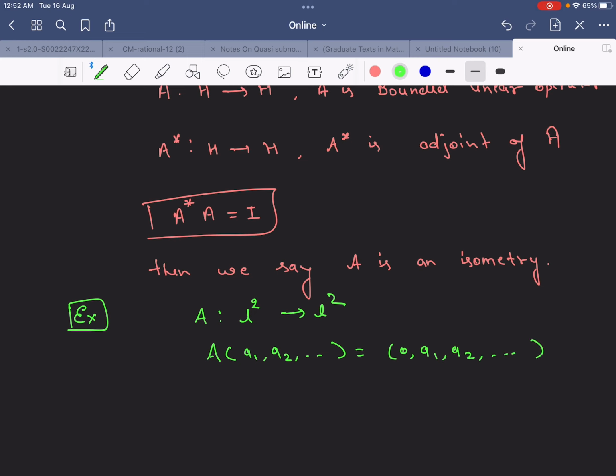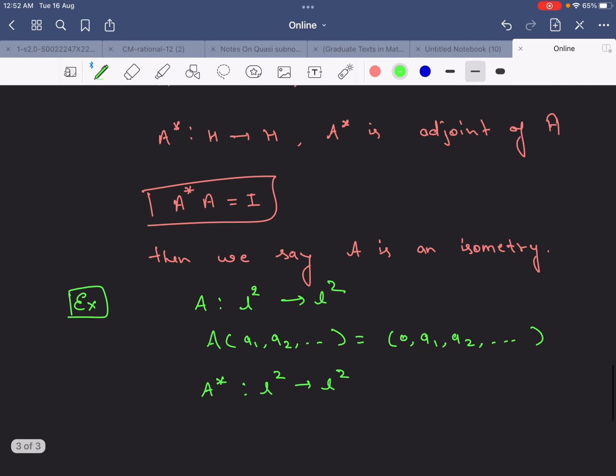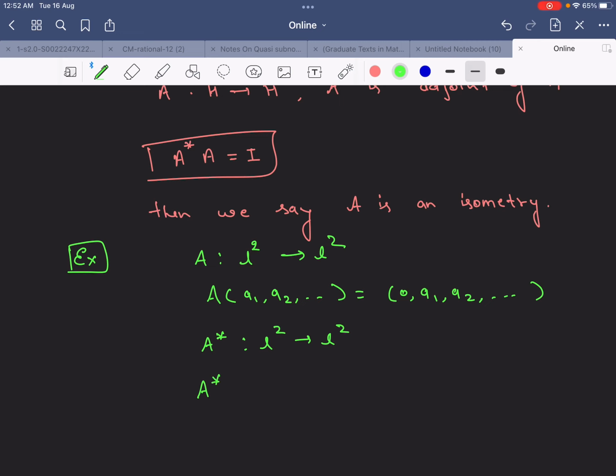So check that the adjoint of the operator in this case is nothing but A star of (a1, a2, and so on) equals (a2, a3, and so on).